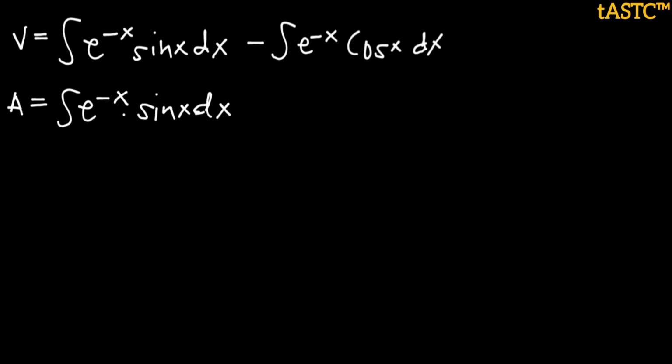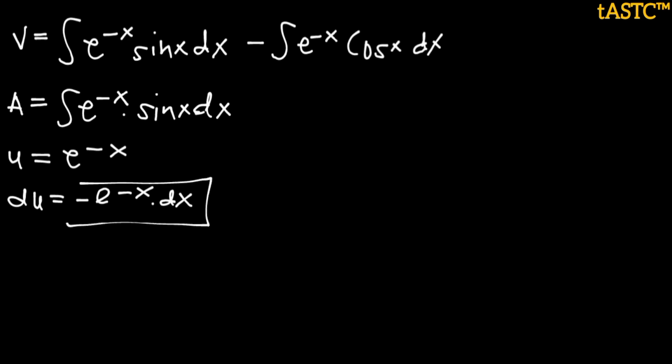Okay, so for the A, we have this, and we need to find what the value is going to be. Now in this case, I'm going to take u to be equal to e to the negative x. So we need to find du, that will be minus e to the negative x multiplied by dx. This is the derivative of this stuff.